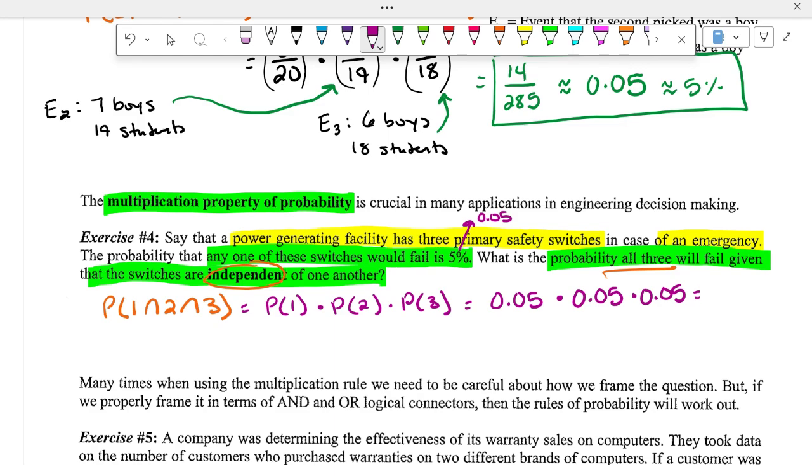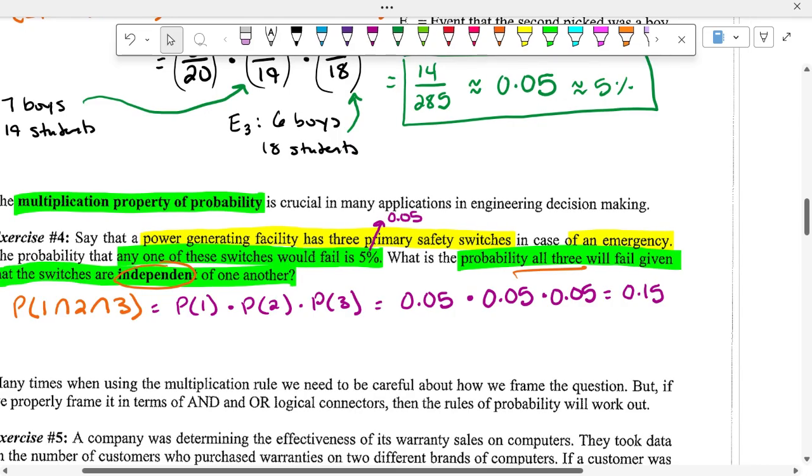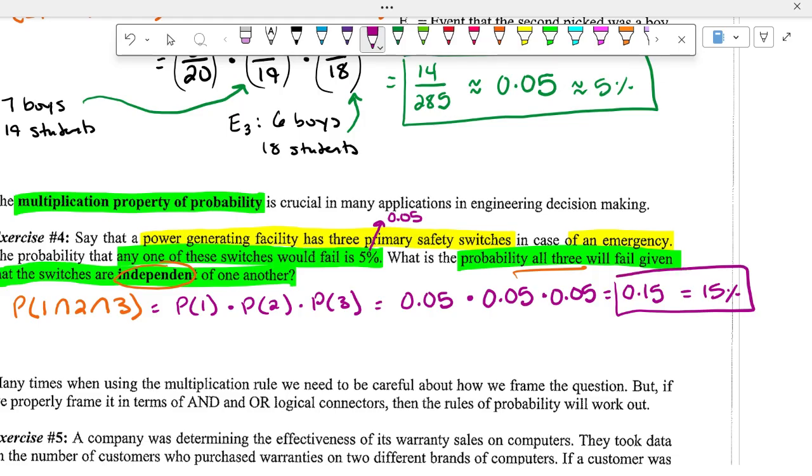So multiply all 3 together. I think. Yeah, it is. It's 0.15, which is what as a percent? So we have a 15% chance of all 3 of those switches failing.